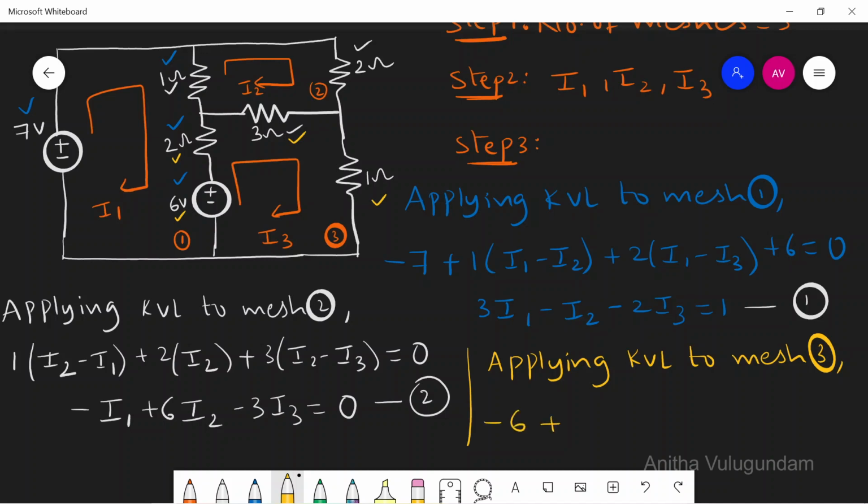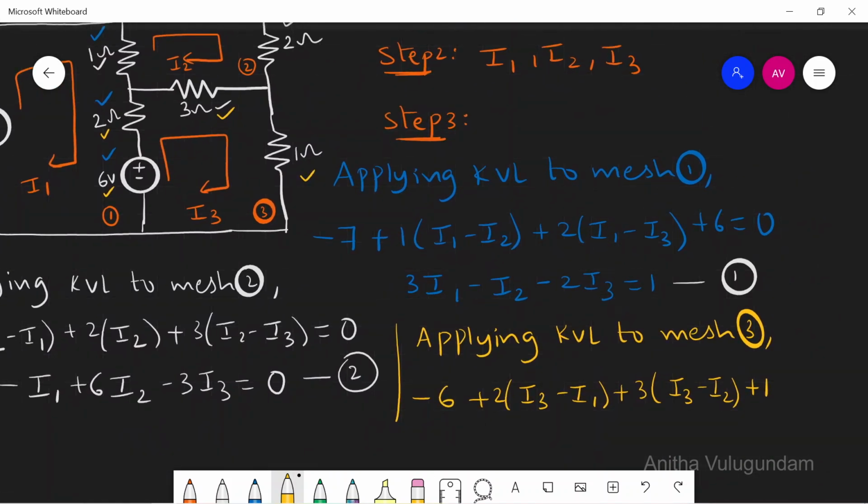Minus 6 plus 2 into I3 minus I1 plus 3 into I3 minus I2 plus 1 into I3 equal to 0. Rewriting this equation, minus 2I1 minus 3I2 plus 6I3 equal to 6. Let it be equation 3.